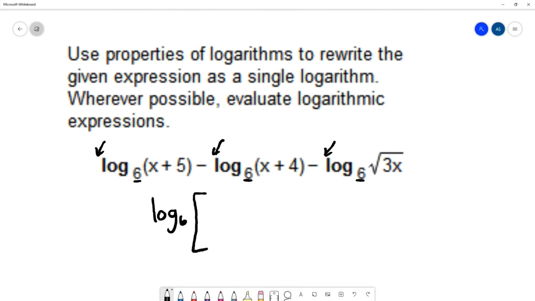The x plus 5 goes in the numerator because that log is positive. So this would be our condensed expression, log base 6 of (x plus 5) over (x plus 4) times square root of 3x.